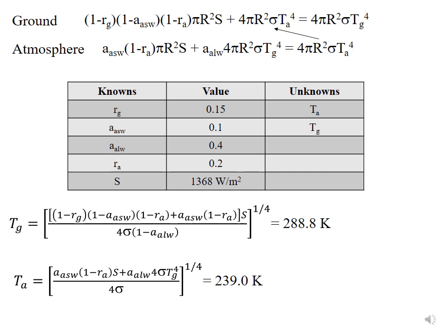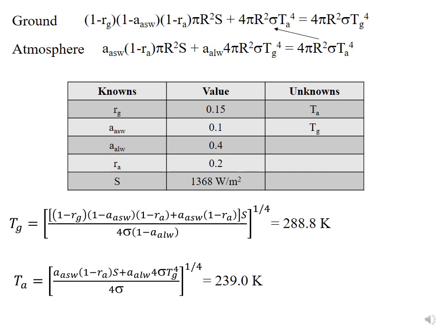And if I do that, you can see down below the temperature of the ground is going to be equal to a whole bunch of terms times the solar constant divided by 4 times the Stefan-Boltzmann constant times 1 minus the absorptivity of the atmosphere in the longwave.